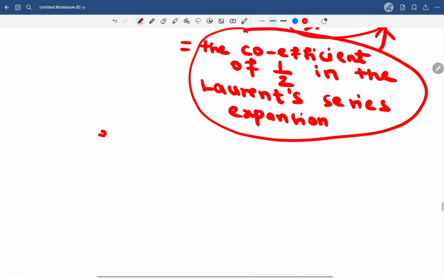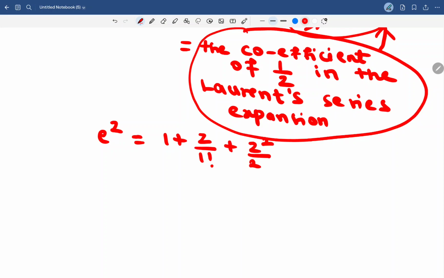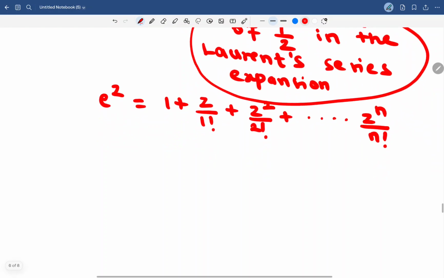What is e power z? We know very well from the exponential series it can be written as 1 plus z by 1 factorial plus z square by 2 factorial, dot dot dot, z power n by n factorial.